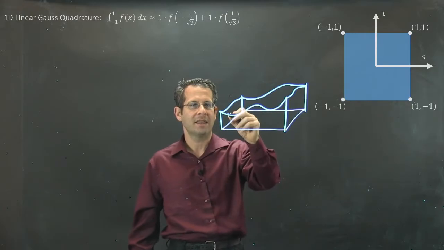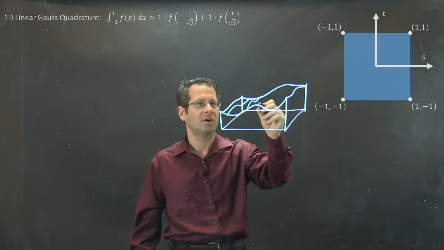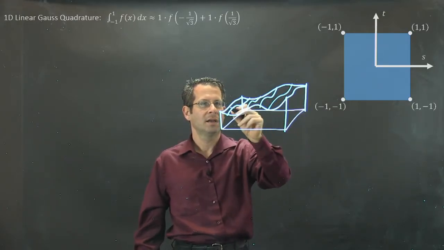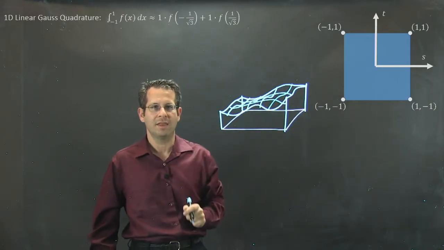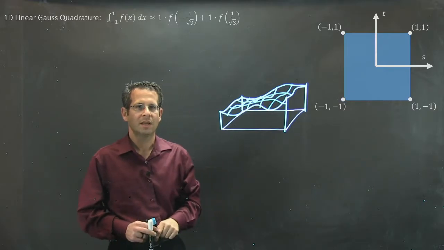I can now say that the integral I'm trying to solve is the volume encompassed by this 3-dimensional shape.